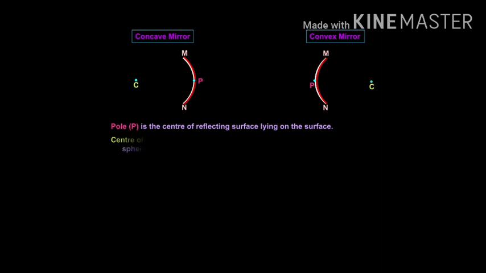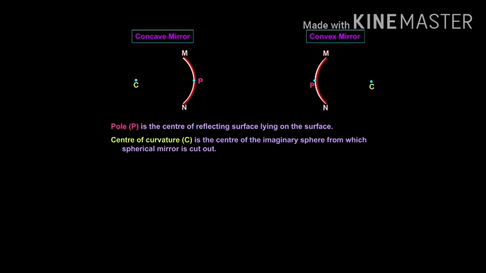Now we will talk about the center of curvature. It is the center of the imaginary sphere from which a spherical mirror is cut out. For the concave mirror it will be towards the left, and for the convex mirror it will be towards the right. If I join the center of curvature to the pole, we get a line that is called the principal axis.